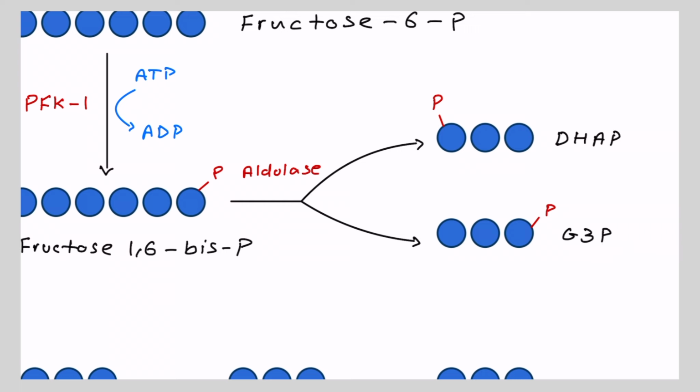Now the glycolysis pathway is going to continue using glyceraldehyde 3 phosphate. So our dihydroxyacetone phosphate needs to get isomerized into this molecule, and it's going to happen through the action of an enzyme that's called triose phosphate isomerase.